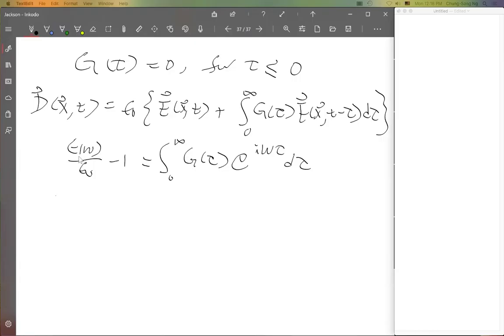If you evaluate epsilon of omega at minus omega in the dielectric constant function, we change omega to minus omega, and because G is real, we can write the same thing but take the i omega tau and take the complex conjugate.